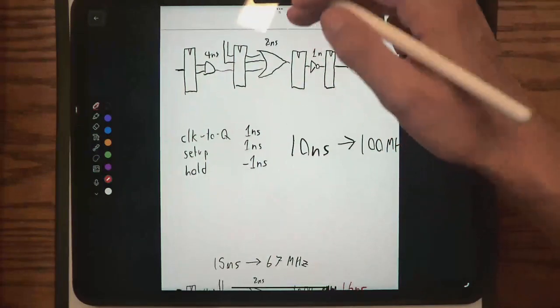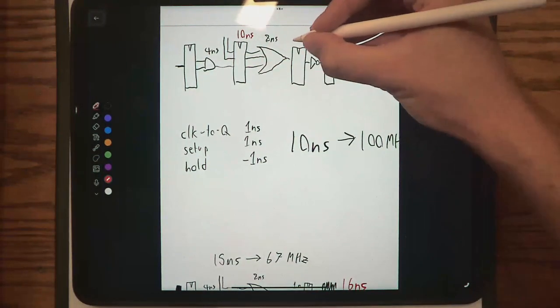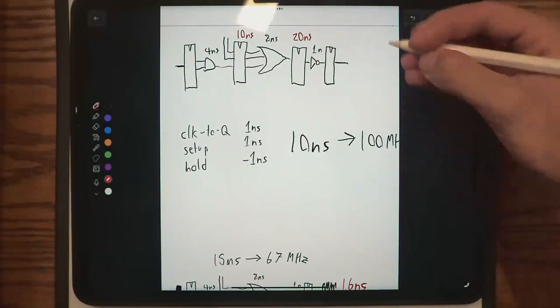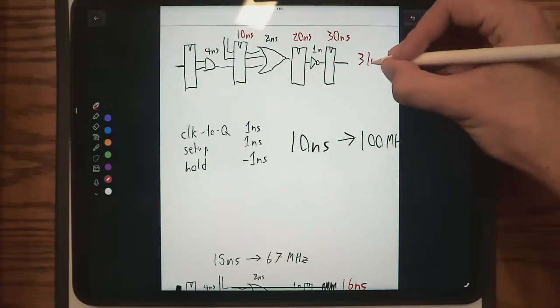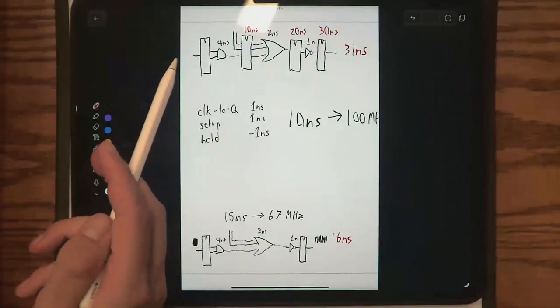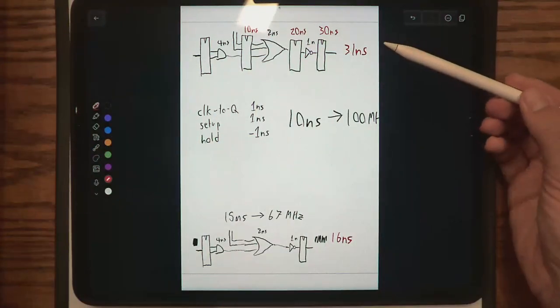So this was 10 nanoseconds, 20 nanoseconds, and then 30 nanoseconds. So this would be 31 nanoseconds for the data to start right here and then finally arrive all the way over here.